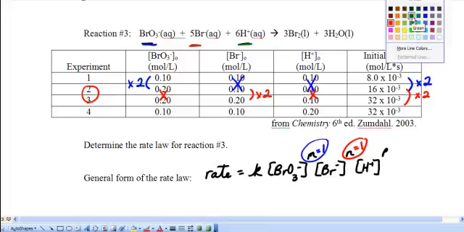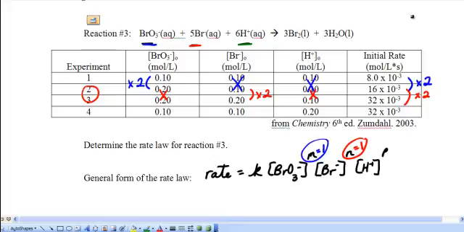And finally, let's take a look at the acid, the hydrogen ion. Well, in this case, we're going to have to compare reaction number 1 to reaction number 4, believe it or not. Because that's the only one in which the bromide stays the same, the bromate stays the same, and the acid is doubling.